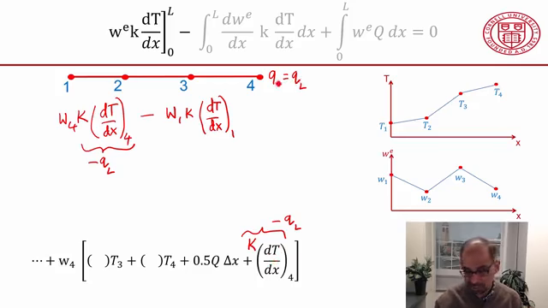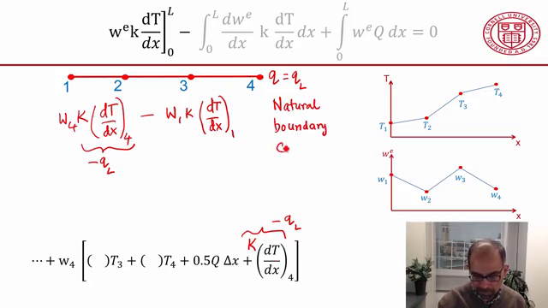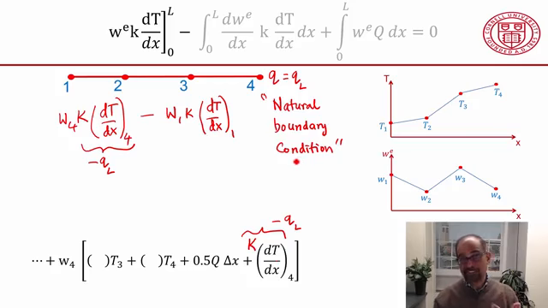And for that reason, this kind of a boundary condition is called a natural boundary condition. And natural boundary conditions involve the gradients of whatever variable one is calculating.